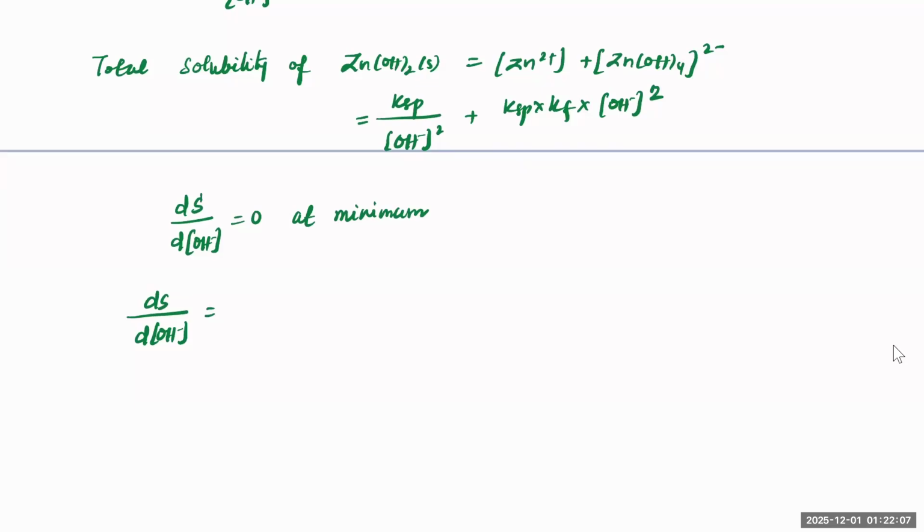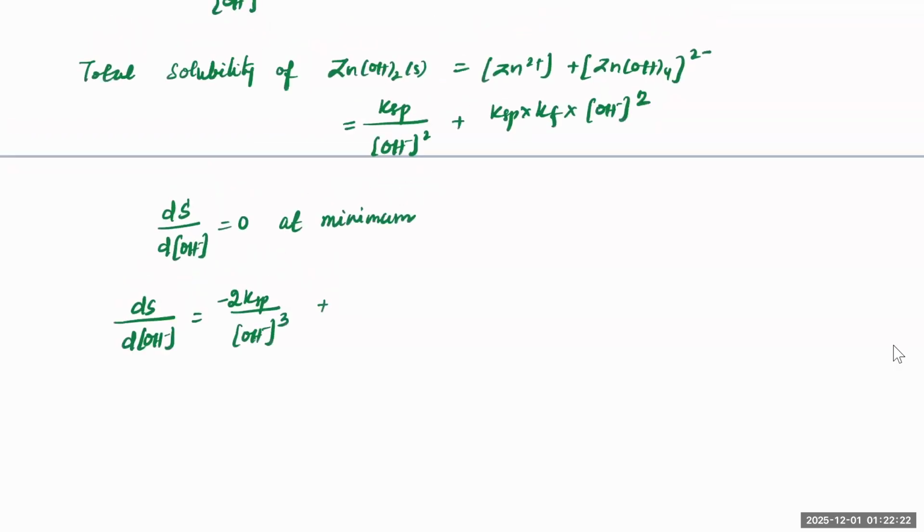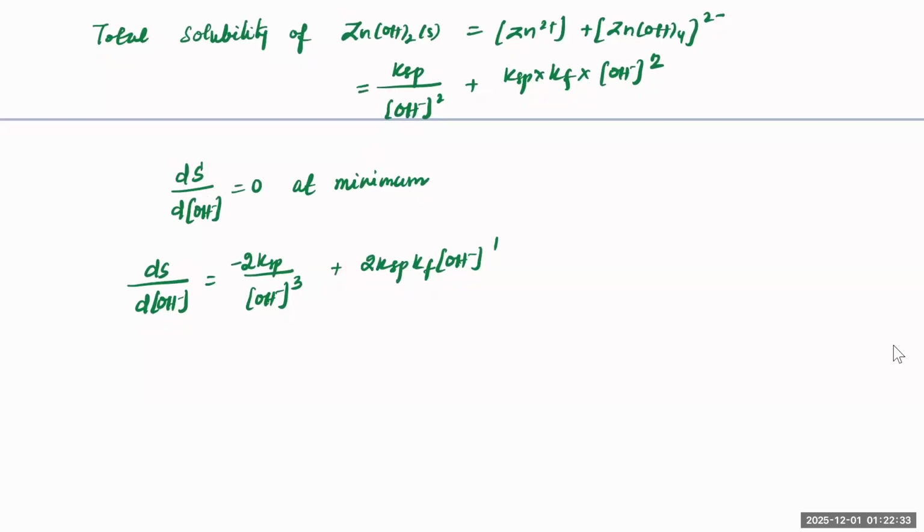That makes it Ksp divided by OH minus whole raised to power of 3, minus 2 Ksp by OH minus raised to power of 3, plus 2 times Ksp Kf into OH minus raised to power of 1, isn't it? This is what we have when you differentiate that.